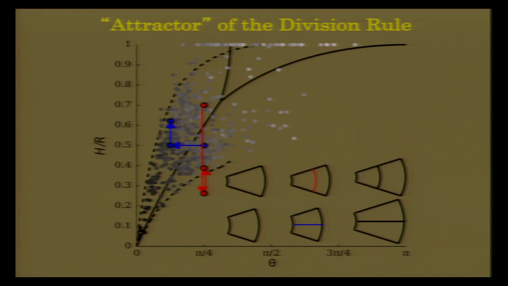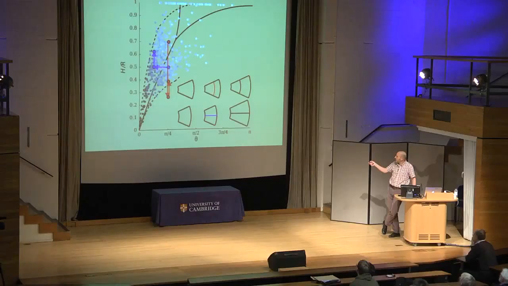And a red division, in fact, forces the cell to come down quite a bit. And then as it grows, it will come up slightly. If you were to sum up these two processes, you essentially have one process here that forces you to the left. So whenever a cell happens to land in the blue region, it will have its angle, theta, divided in half, and therefore there is always a constant flow towards the left.